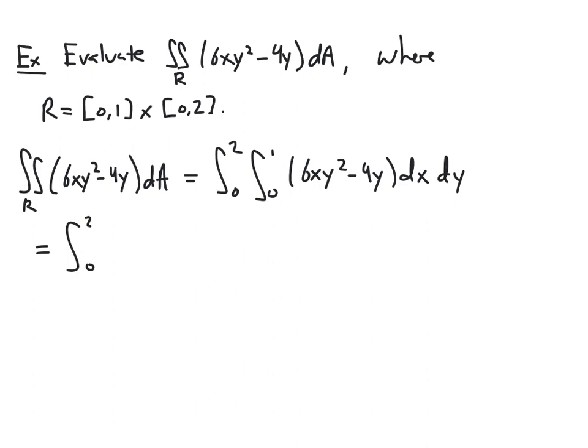So for 6xy squared, we have an x, so we're going to increase the exponent and divide by 2. So we're going to have 3x squared y squared. And then minus 4xy, because negative 4y is a constant in terms of x. And so we'll evaluate that from 0 to 1.